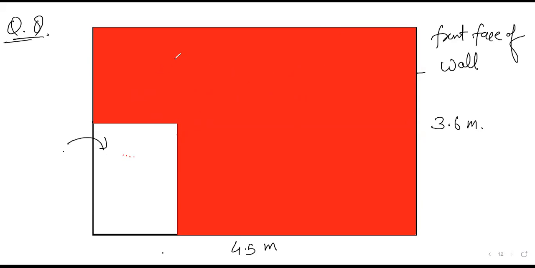सो देखो, फर्स्टली वी नीड टू फाइंड एरिया ऑफ कंप्लीट वॉल, क्योंकि जब वॉल का एरिया निकालेंगे तो हमारा पूरा दरवाजे का एरिया भी आएगा, और जब दरवाजे का निकालेंगे तो 2 बार हो जाएगा वो, तो हमको रिमूव करना पड़ेगा. तो एरिया ऑफ वॉल, मींस सिंपली L into B, that will be 4.5 into 3.6.